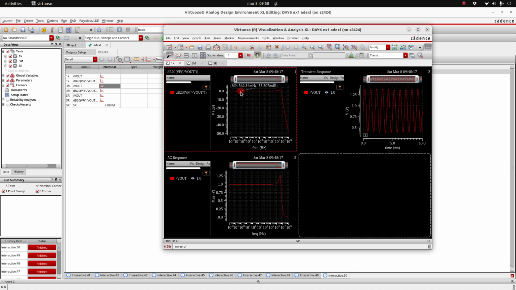Let's take a look. We put a marker here. So let's see, this is 0 dBs and minus 3 dBs somewhere around here. So the bandwidth of this circuit is around 6 megahertz. It is just above 6 megahertz, which looks extremely good.